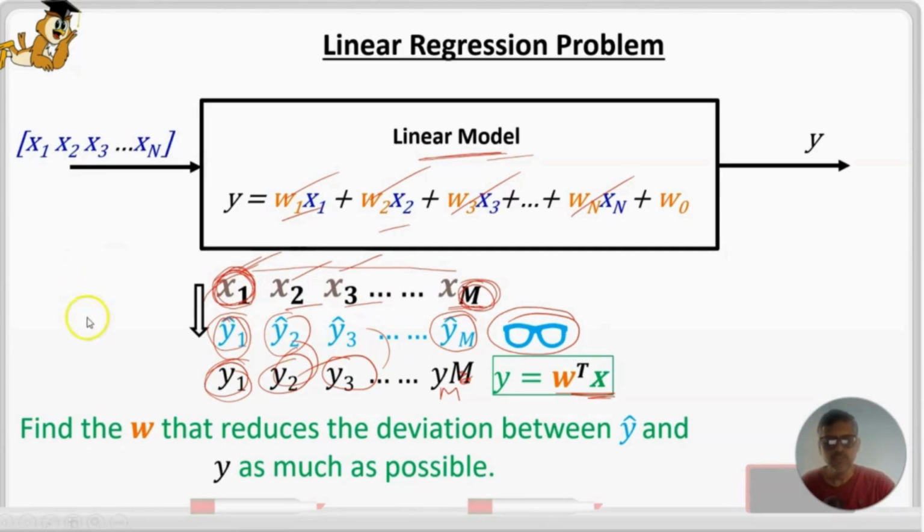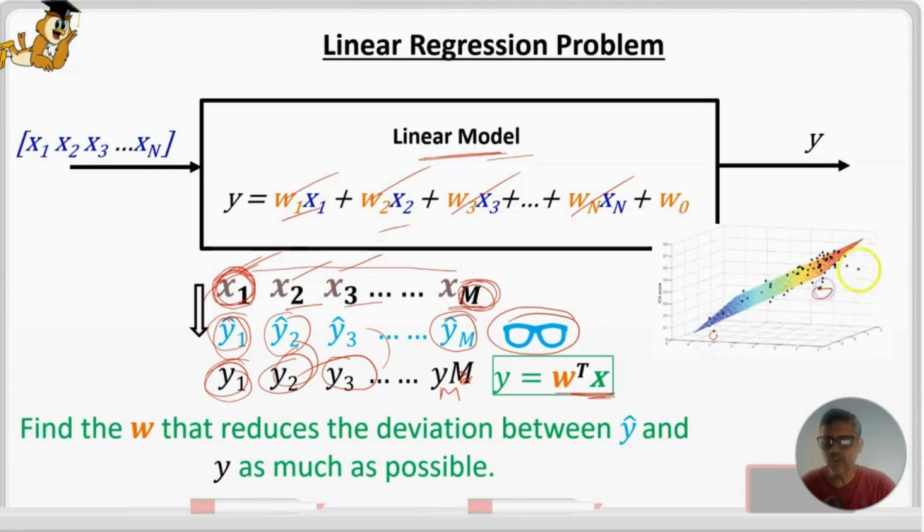If you were to look at these in a diagram, what we are essentially saying is that if these black points were your training data, you want to construct a hyperplane that runs as close to these training points as possible. We will formulate mathematically what it means to say that the deviation should be as small as possible.